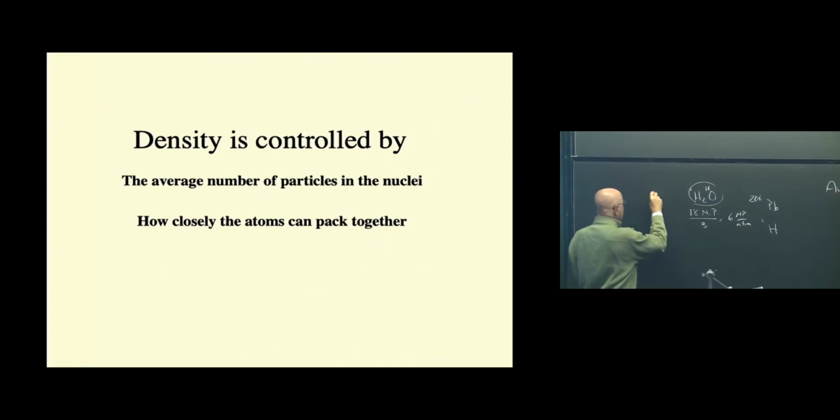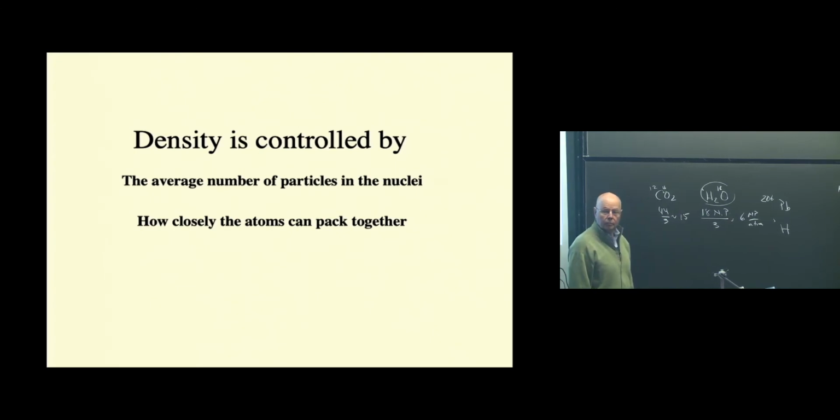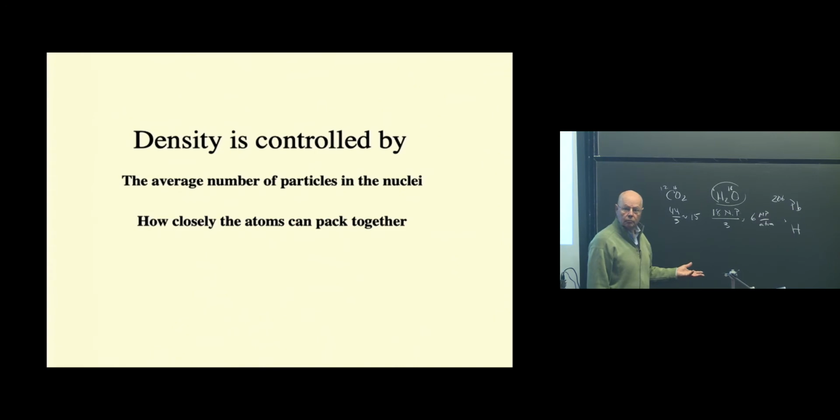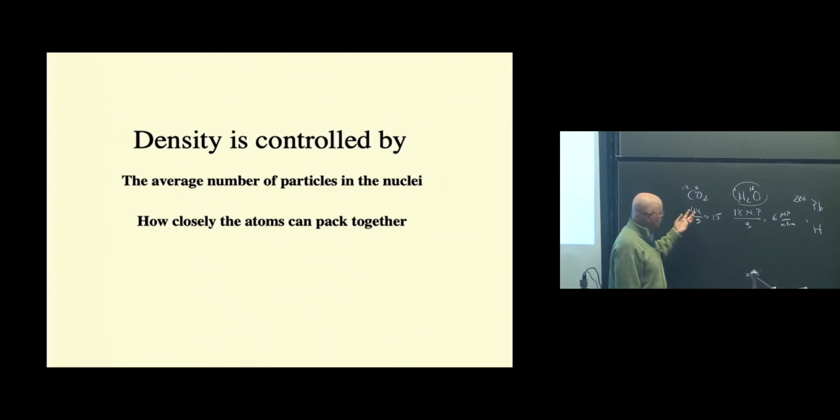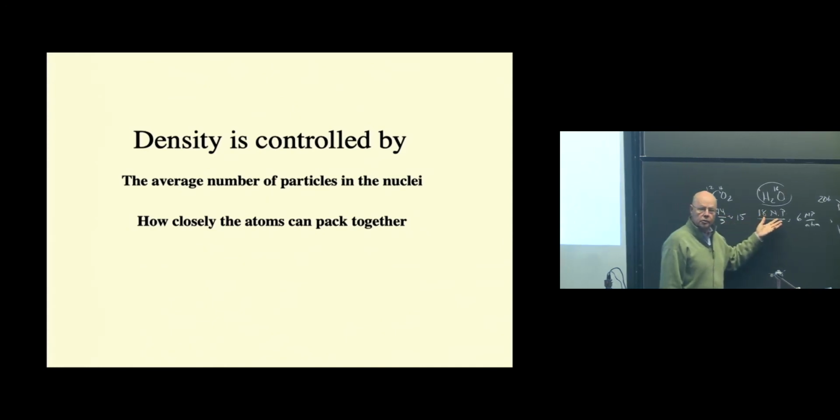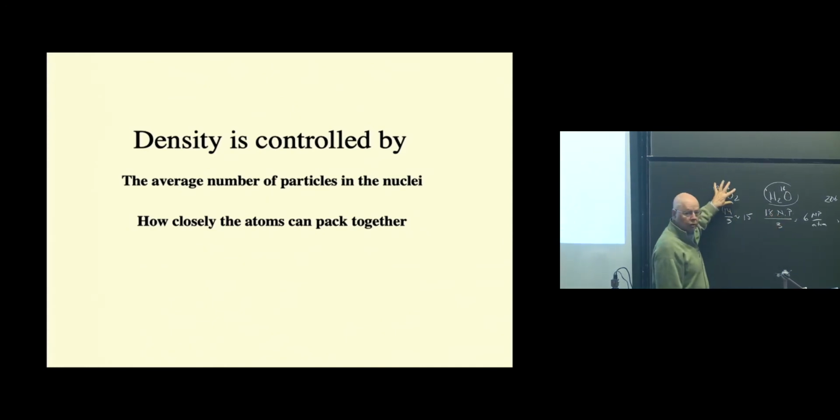Okay, so let's take carbon dioxide. Well, carbon is 12, oxygen is 16, so that's 44 divided by 3, and that's about 15 nuclear particles per atom. So it's going to be denser. So the liquid carbon dioxide is much denser than liquid water is because it has more nuclear particles per atom.